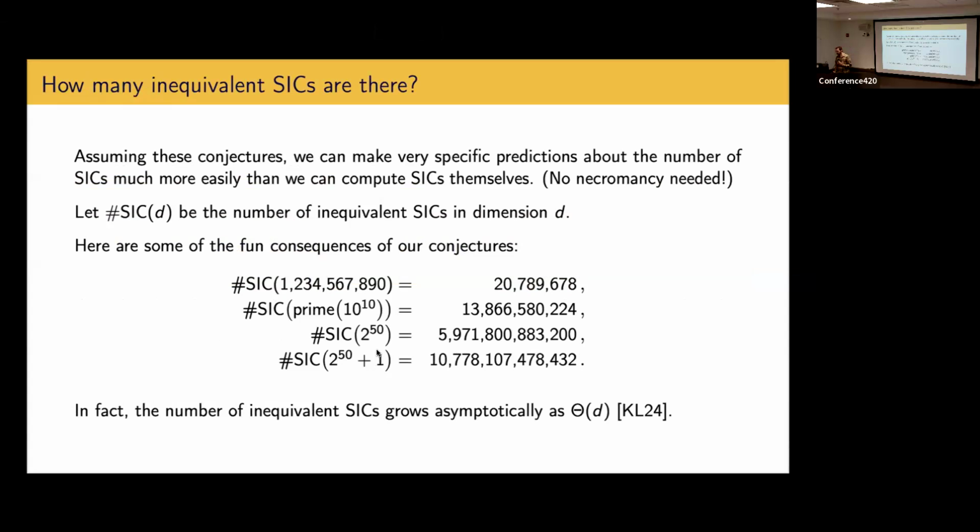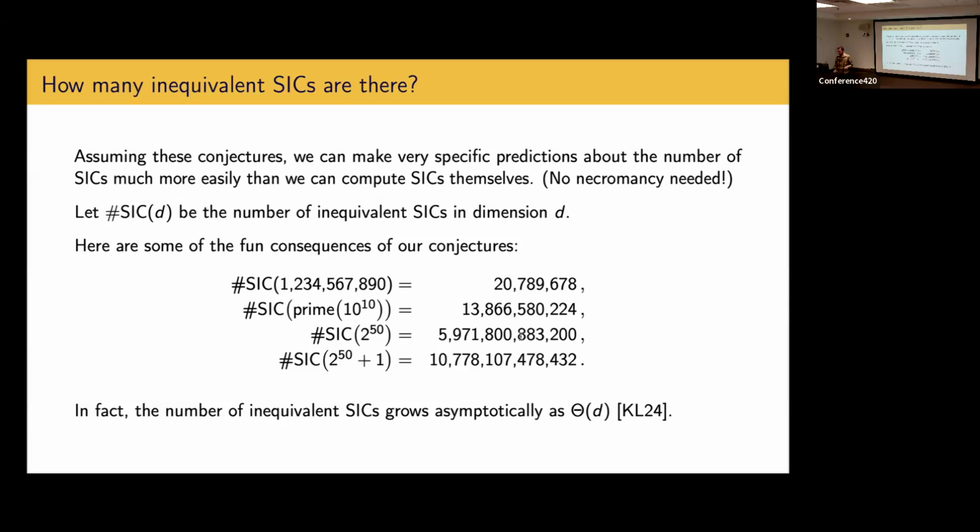And so this necromancy procedure is kind of crazy and really involved. But because we have this computation in terms of admissible pairs, and we understand the algebraic structure of these things, we can answer questions conditionally that were completely out of reach of these numerical methods. Like I can tell you conjecturally how many SICs there are in any of these dimensions, dimension 2 to the 50 or 2 to the 50 plus 1.